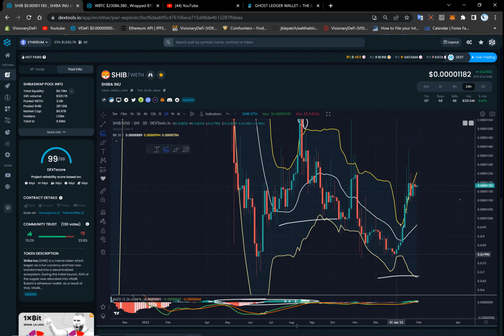So what you do is you tap where price began at the very bottom, where price started to go up here. Okay, you click it and then drag it to where price stopped.